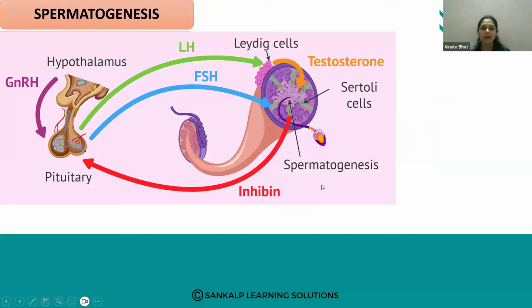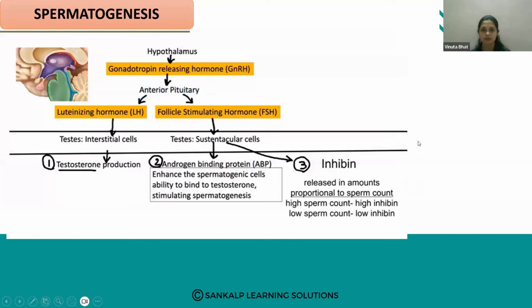Here, the spermatogenesis process is controlled by hormones. The hypothalamus secretes the hormone called gonadotropin releasing hormone, GnRH.